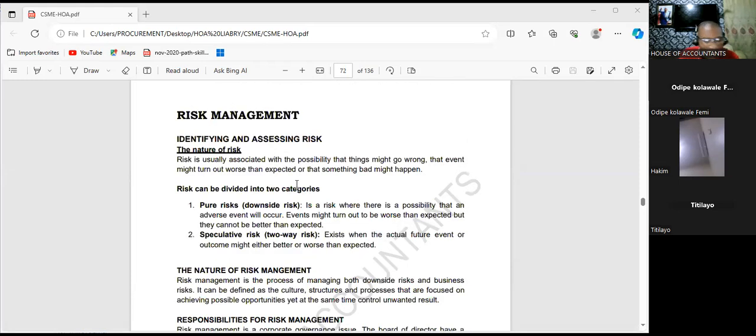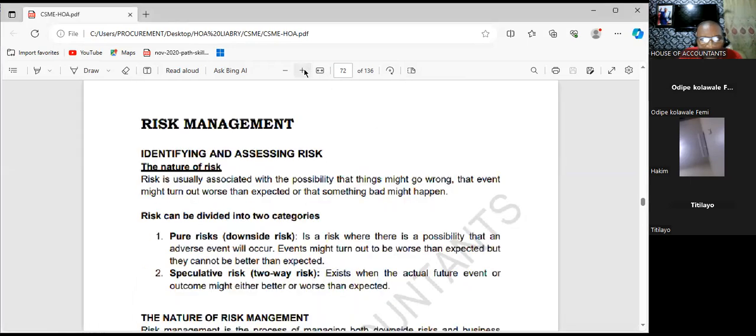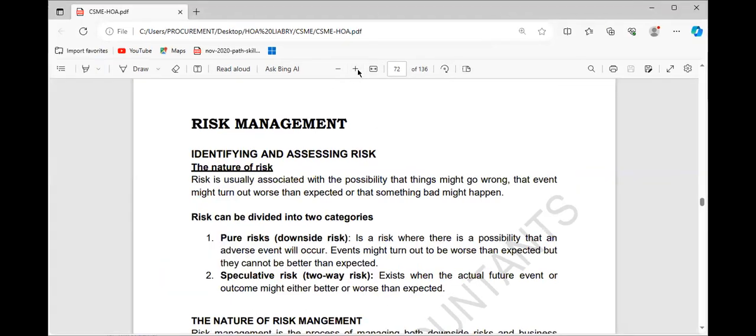So this is what we call risk management. I will need to increase the font a bit so that everybody will see that. Okay, so this is what we are going to discuss in the short period we have.